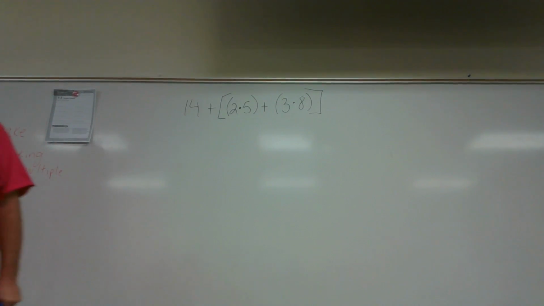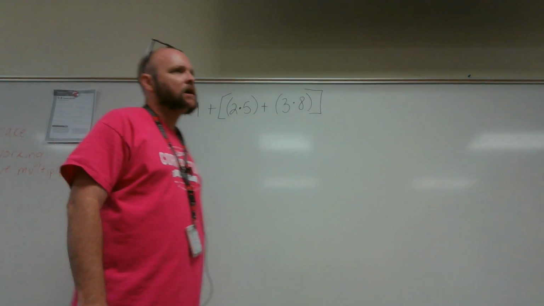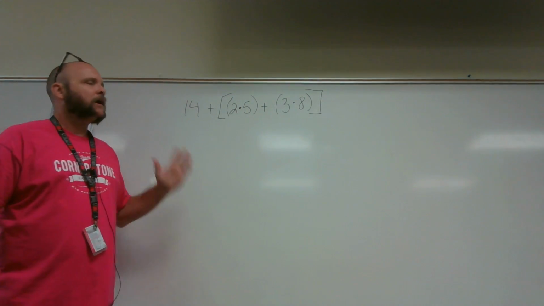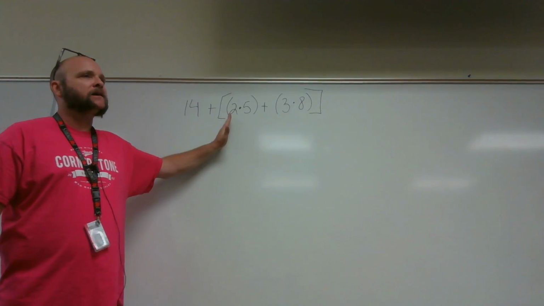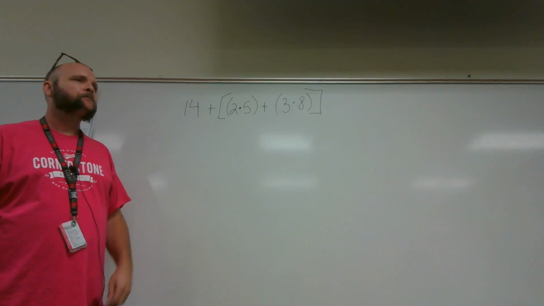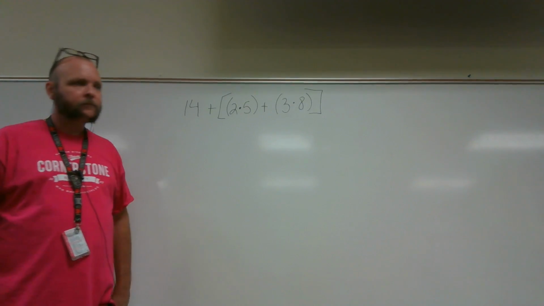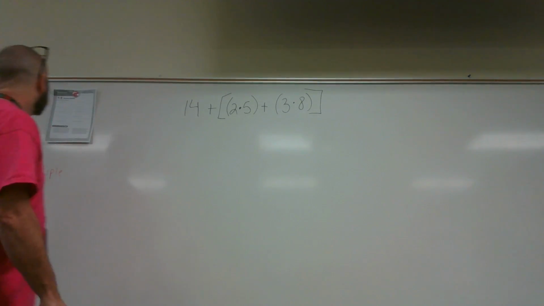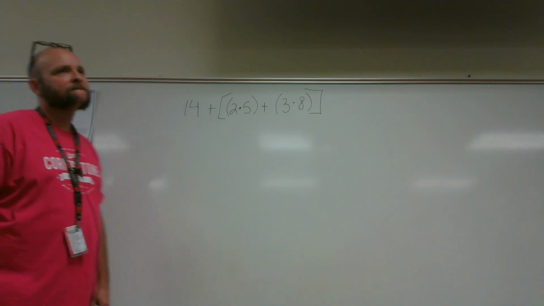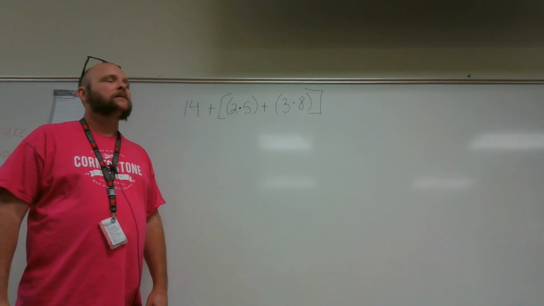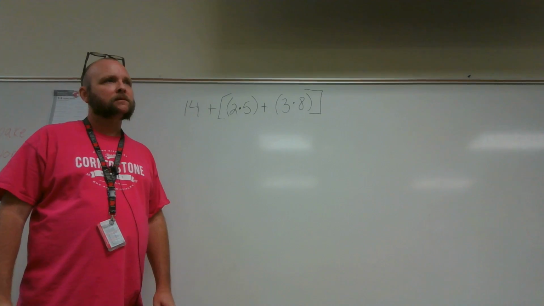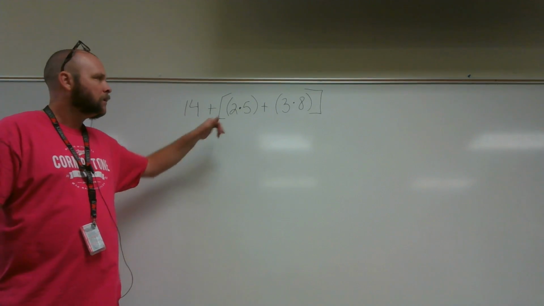Ethan, what does the floating dot mean? It's like a multiplication sign. It is a multiplication sign. Lainey, why are we transitioning away from the X to the floating dot? Because the multiplying symbol looks like an X. Good. And they don't want it to look like another number or letter.